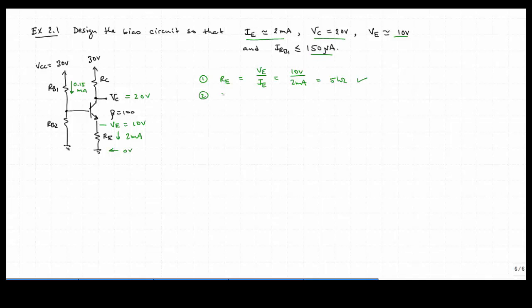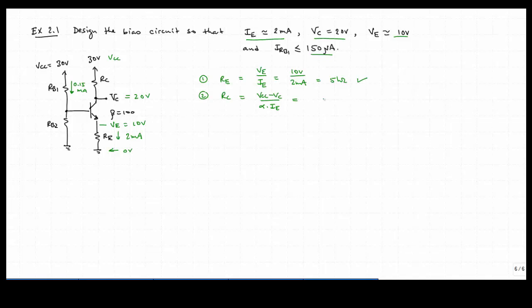We then can write that RC is going to be equal to VCC, if we call this VCC up here, minus VC, the collector voltage, over alpha times IE.